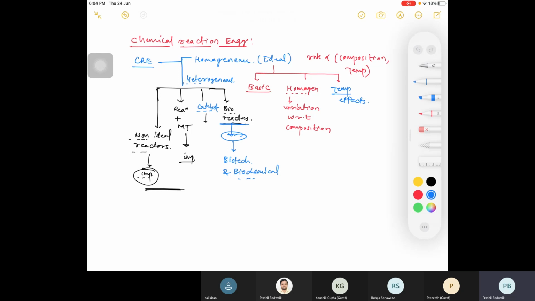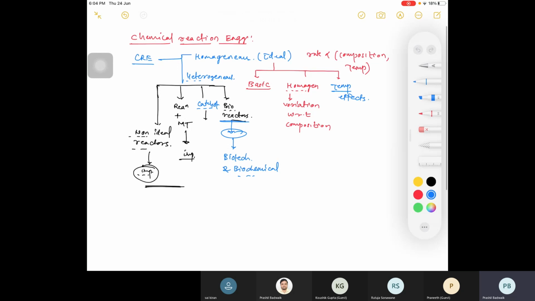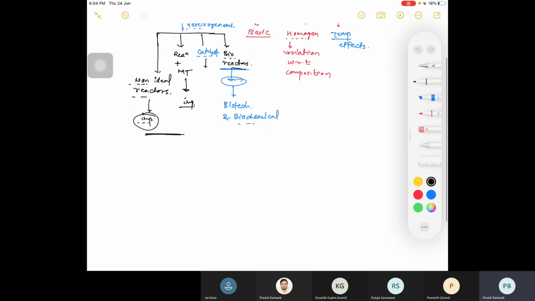So we'll start with our non-ideal reactors. First portion is your non-ideal reactors. You write non-ideal reactors. What do you mean by non-ideal reactors? Anyone want to share their thoughts?